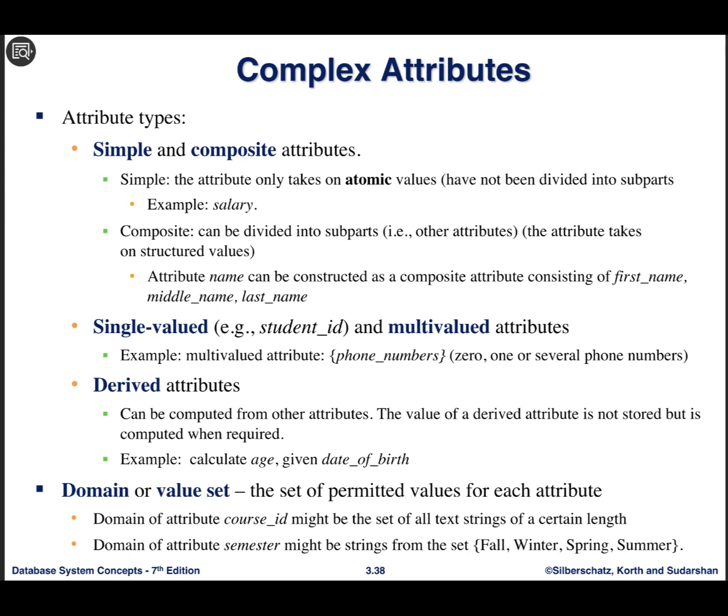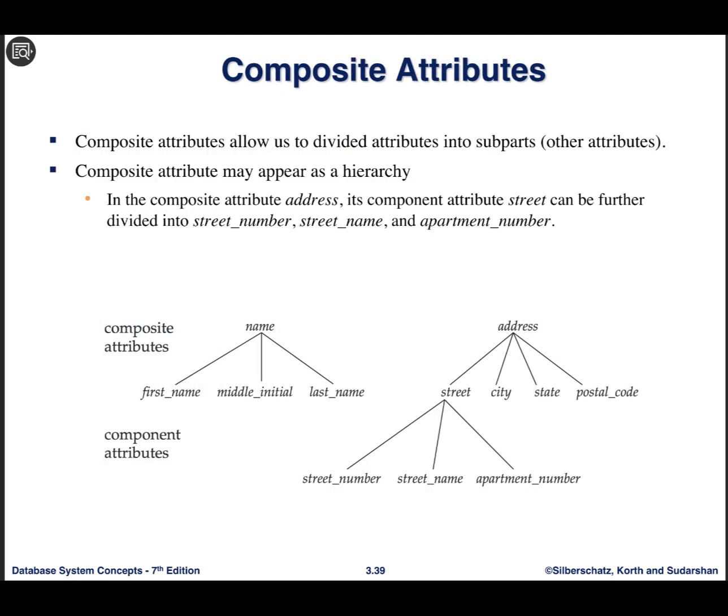So, just to go back here, this is the way you can look at composite attributes. For some composite attributes, a component might be another composite attribute, that's why it might appear as a hierarchy. For example, the composite attribute name can be decomposed into first name, middle name, last name.